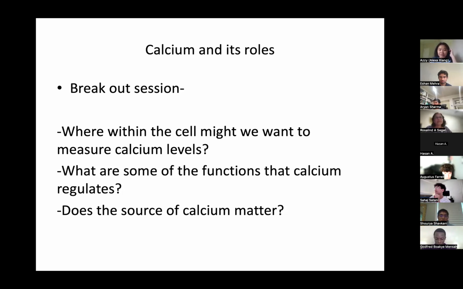And also, for the last question of how the source of calcium matters, I heard Harvard Health published a blog that said calcium citrate and calcium carbonate are absorbed by the body differently, and those can be found in different supplements and foods, which implies that certain calcium-rich foods and supplements are better than other ones. So I don't think it's feasible to just eat a block of calcium and then you get the same health benefits as drinking milk, right?